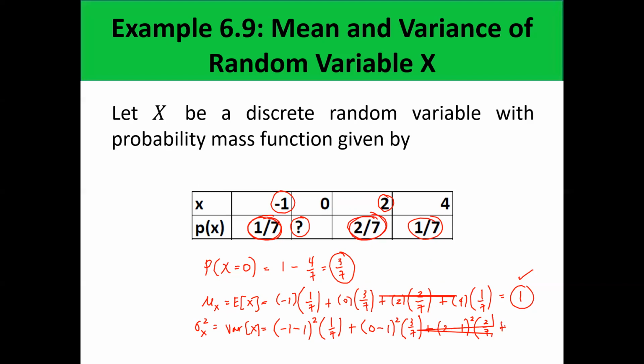And plus 4 minus 1, quantity squared, times its probability, which is 1 over 7. Just use your calculators to compute the exact value of this variance. Whenever you have the value of the variance, the standard deviation is computed as the square root of the variance. Again, just use your calculators to compute the standard deviation of x.